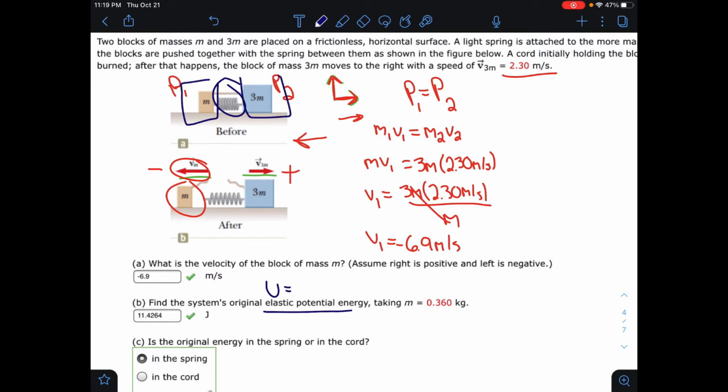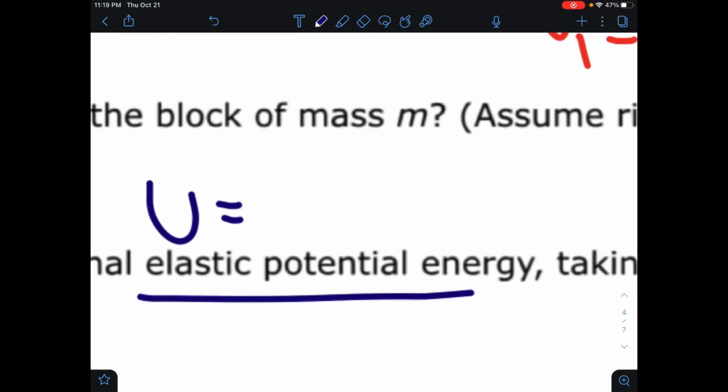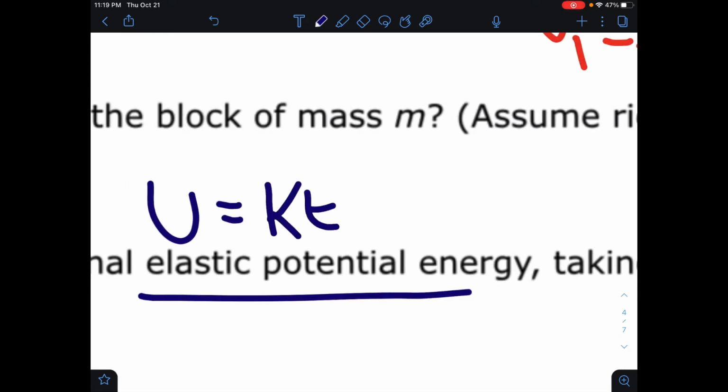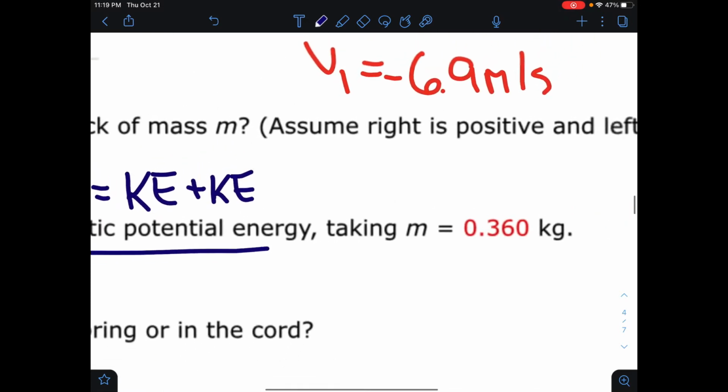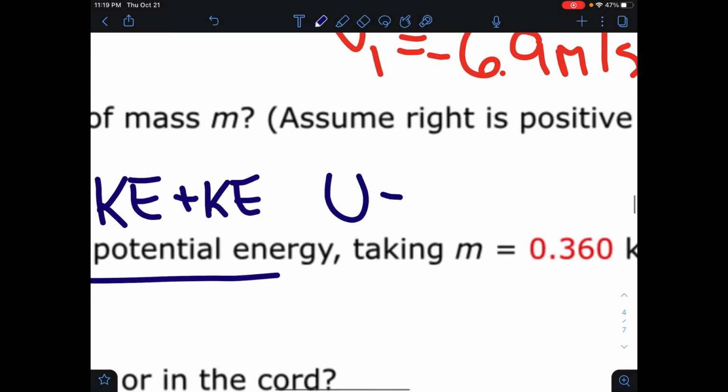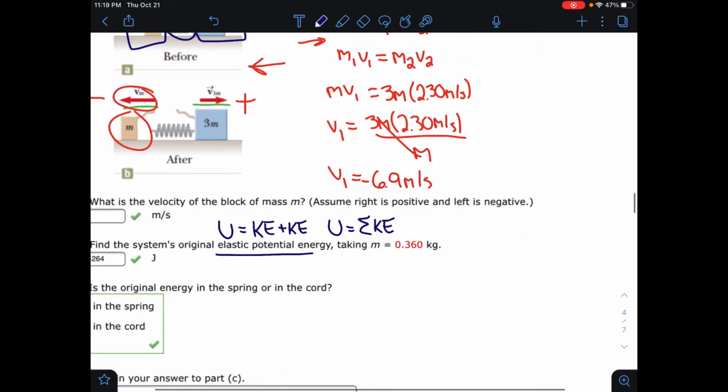So we're going to look at two kinetic energies, because they're moving and have velocity. So U is equal to KE plus KE, or U is equal to the sum of KE. It gives us the mass, so we can plug it in and find the elastic energy.